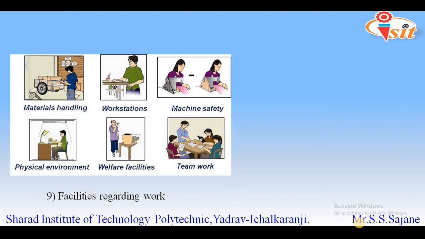These welfare facilities include the provision of drinking water, clothing, accommodation, resting and eating facilities, as well as sanitary and washing facilities. All these facilities are not necessarily required to be in the workplace, but they should be located in such a position that is conveniently accessible for all the employees.